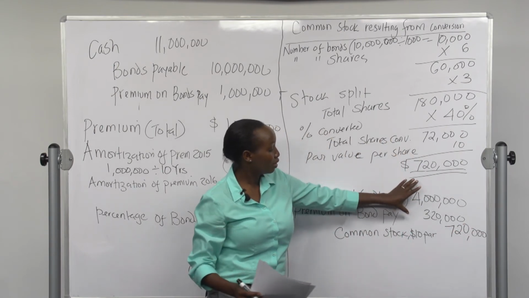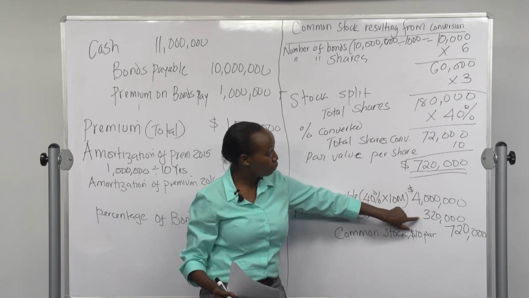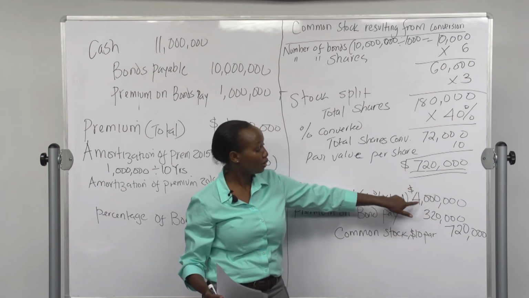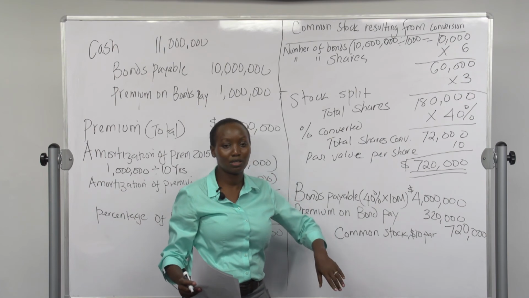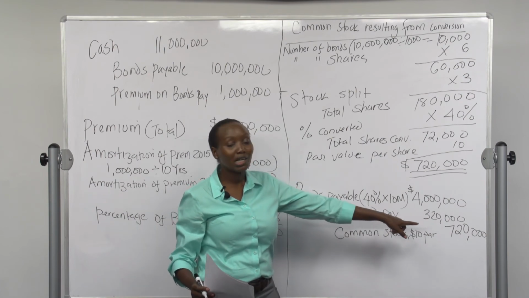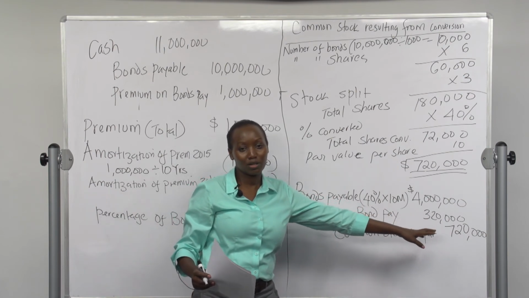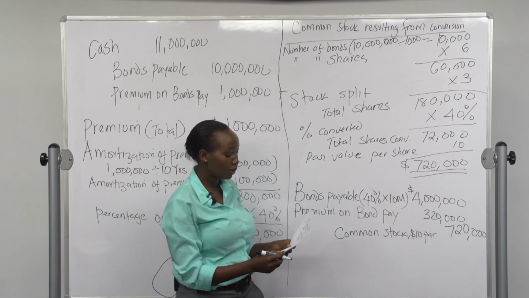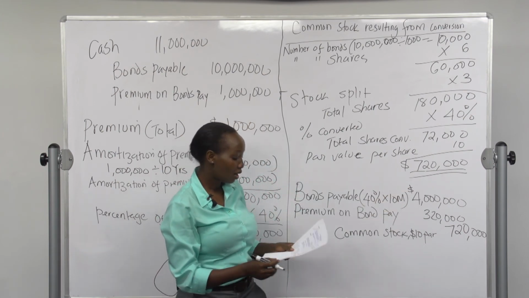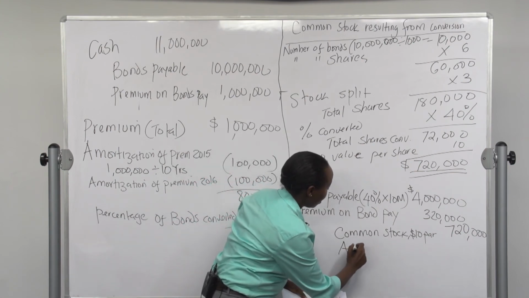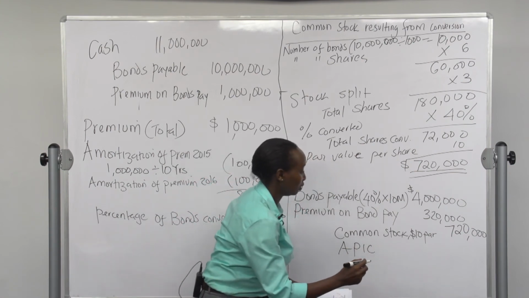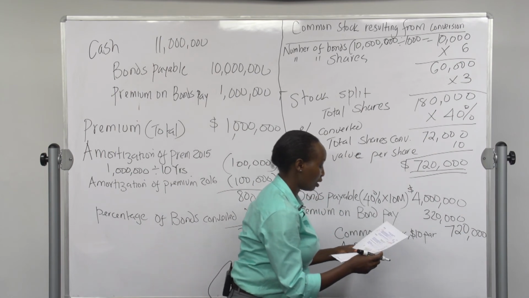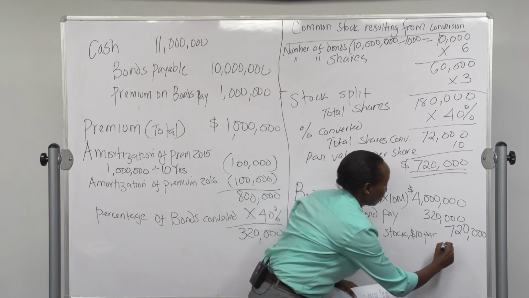The debit side has 4.32 million, and we have 720,000 on the credit side. That difference goes into our additional paid-in capital account. So we have additional paid-in capital of 3.6 million.